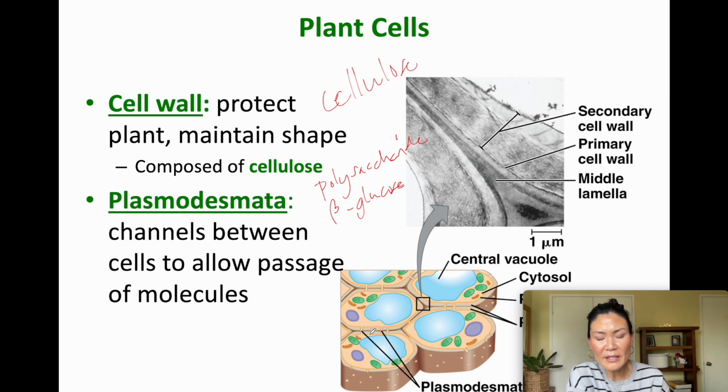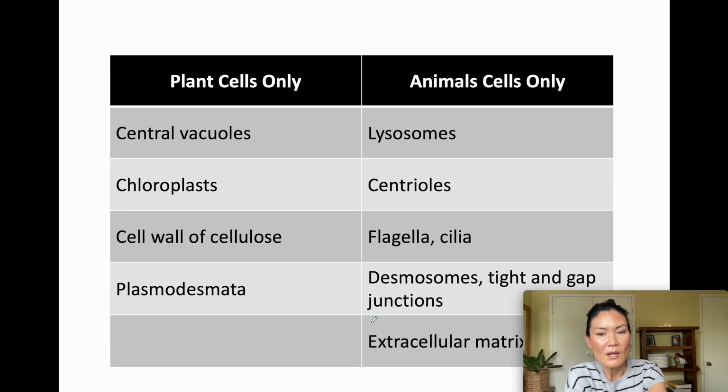And then this is sort of like gap junctions in animals. Plants have plasmodesmata, which are like little channels between neighboring plant cells so that ions can pass through, okay? So let's compare what's in plant cells only versus animal cells only. In plant cells, they have central vacuoles, right?